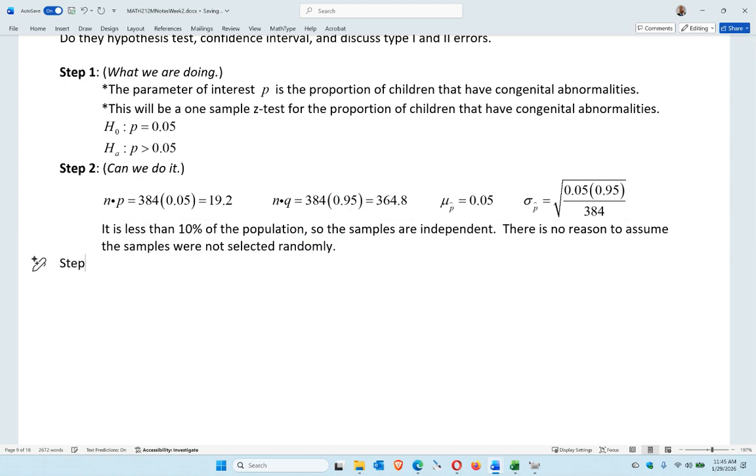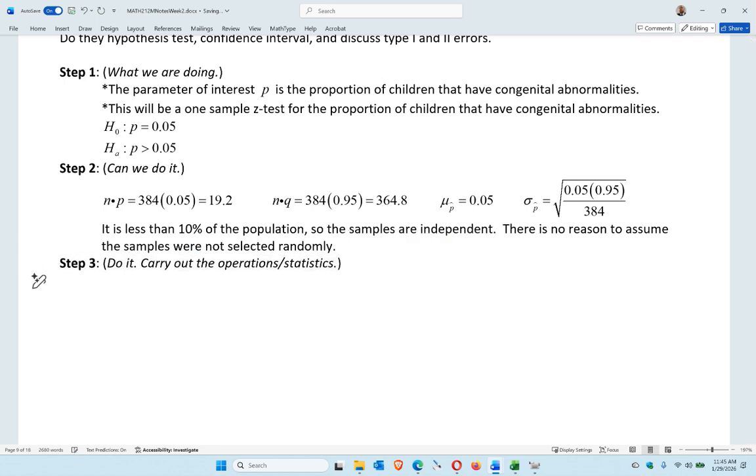All right, so step 3, we'll actually carry it out. So do it, basically, right? So carry out the operation, the statistics. There we go. Okay, so I'm going to bold that and italicize that.